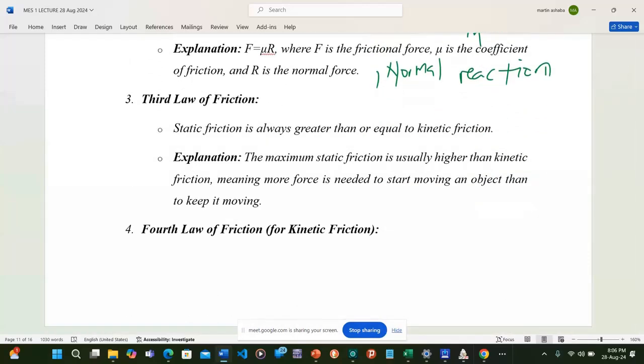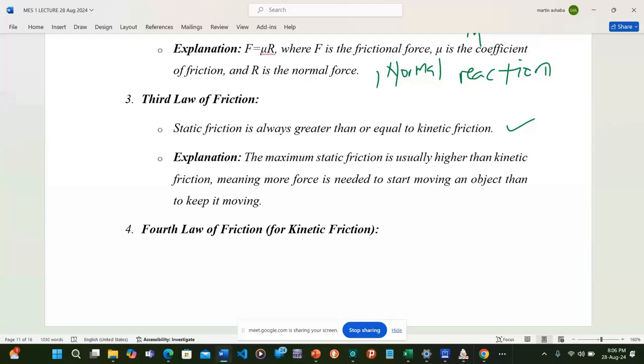The other law is that static friction is always greater than or equal to kinetic friction. We already said that kinetic friction is going to be a constant, but it is always lower than static friction. Static friction will always be at a maximum, the limiting value.